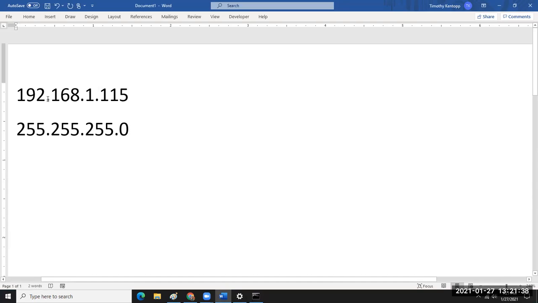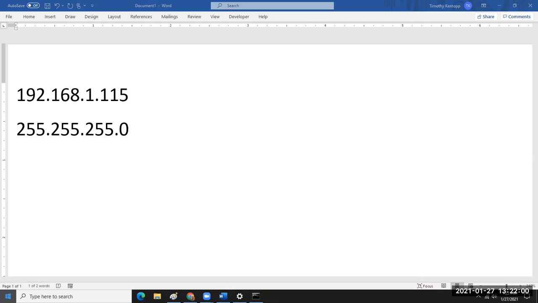Now here's the part I want you to catch. These dots are boundaries, so this number is the first octet, or value, for the network address. This octet, or 8 bits, is represented as a decimal number.